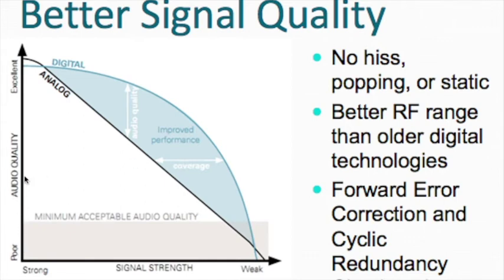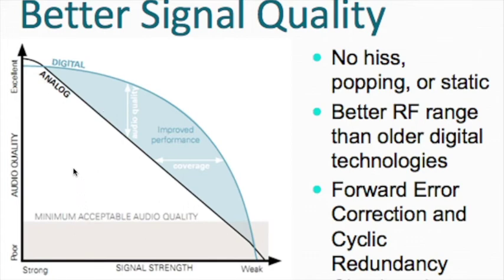So, this graphic here: on our x-axis we've got audio quality, and then on our y-axis we've got signal strength. Okay, and this is a graphic that I stole from another presentation again. What this black line represents is that as I begin to move away from the repeater, my signal strength gets weaker as I go down, and my audio quality decreases.